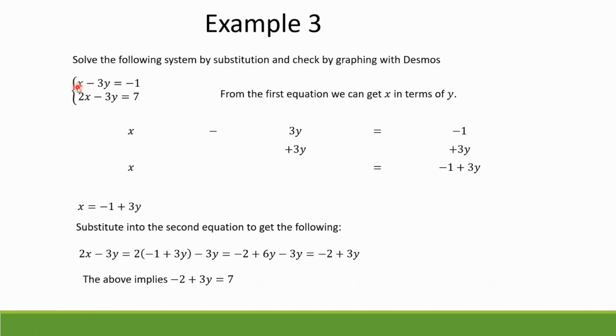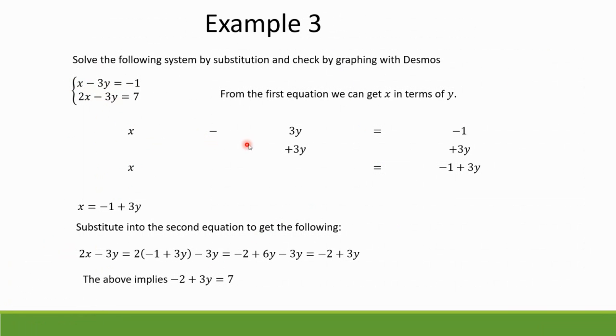Okay, so I'm going to get x in terms of y. I mean, you could get y in terms of x if you want to. It's just that the work, I think, is going to be a little bit harder, mostly because you'll be working with fractions. Not that that's bad, but if you get x in terms of y, it's a little bit easier.